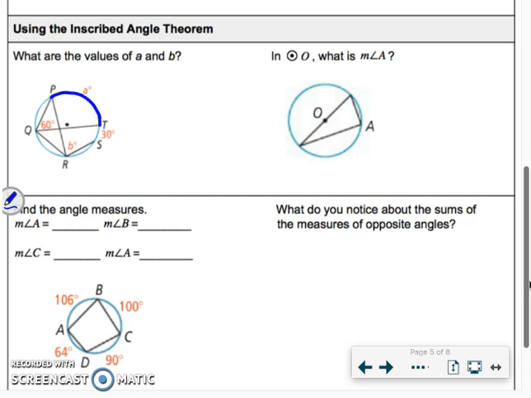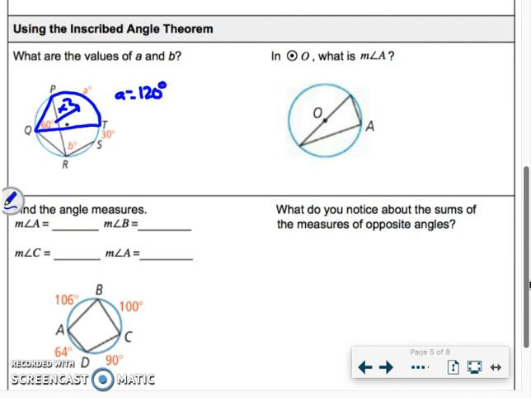That's going to be an arc, so that is twice as big as something. So if we kind of trace where the arc is being intercepted, we see that this A is twice as big as the inscribed angle that makes it. So that means if this is a 60, all I need to do is double that. A has to be 120 degrees.